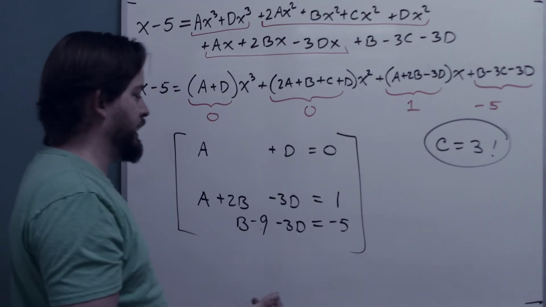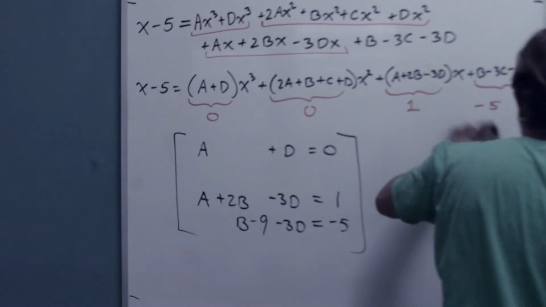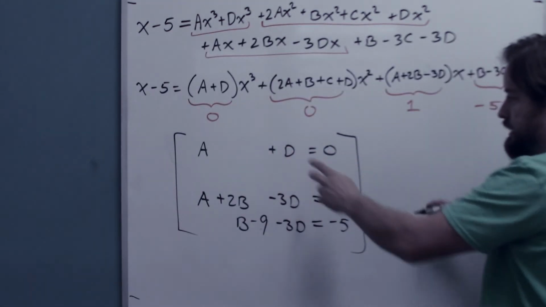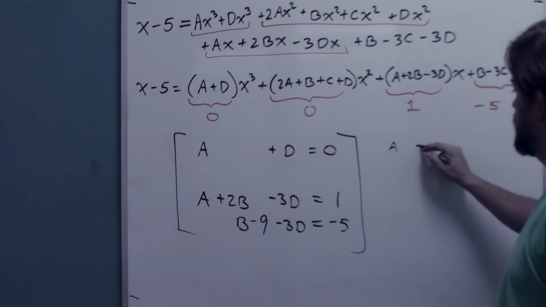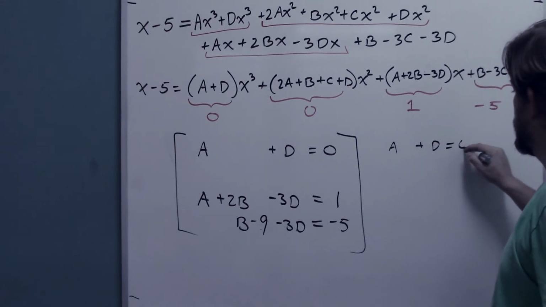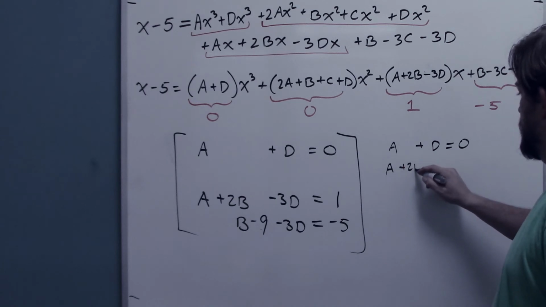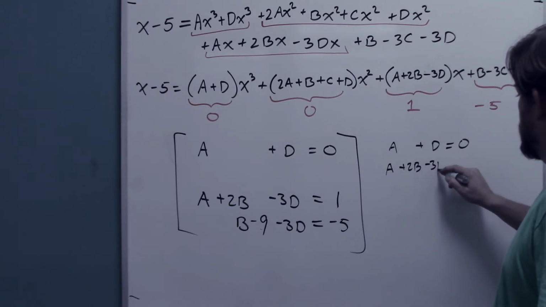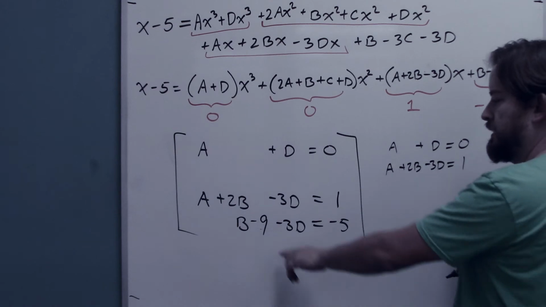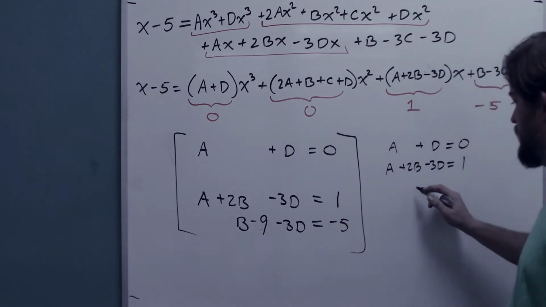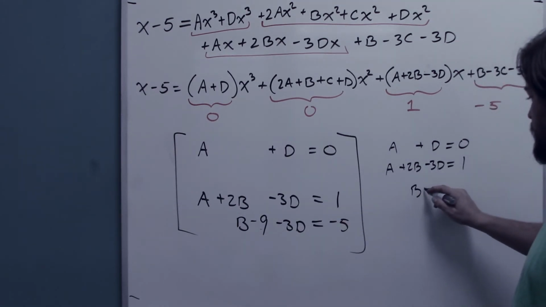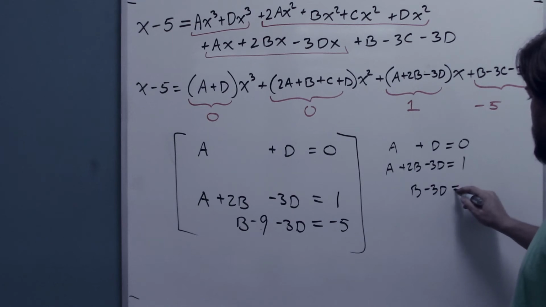And then I can create a better system here, a more simplified system by saying I have a plus d is 0, a plus 2b minus 3d is 1. Add this 9 to the other side, that gives you b minus 3d is equal to 4.